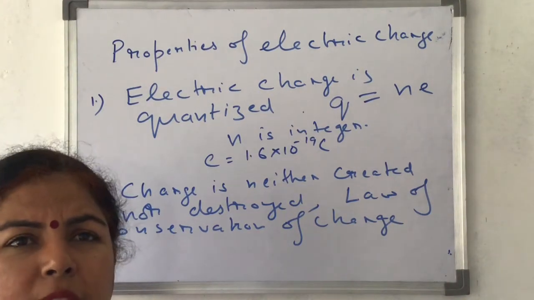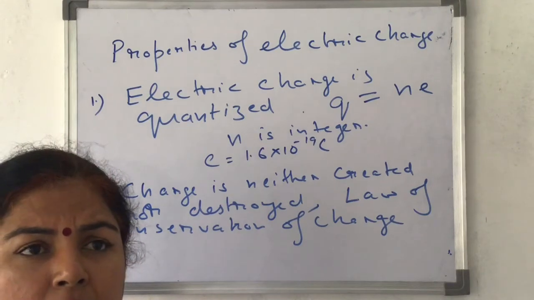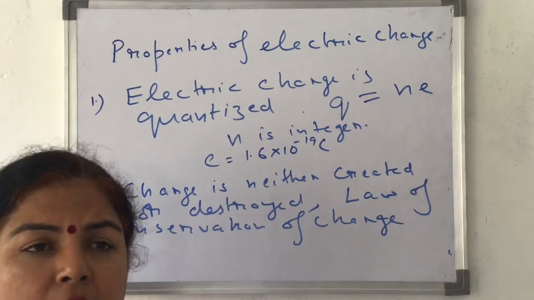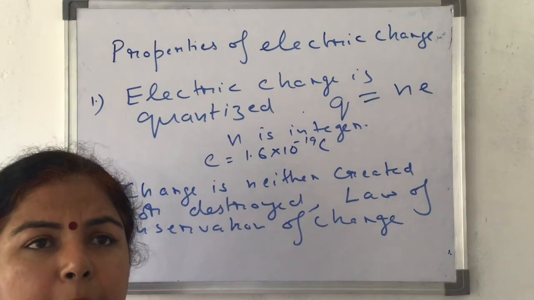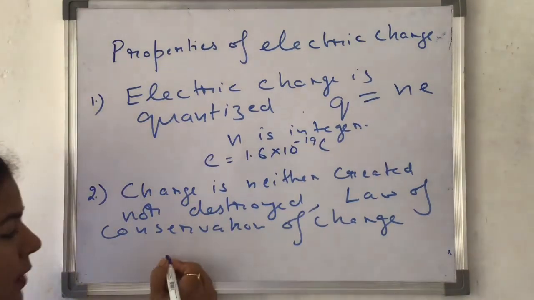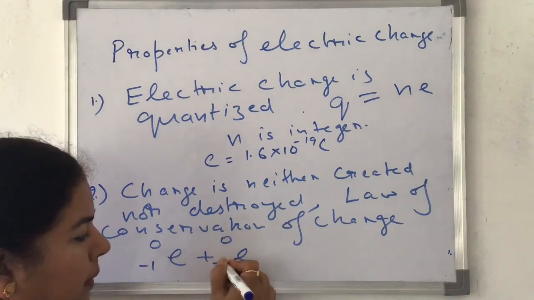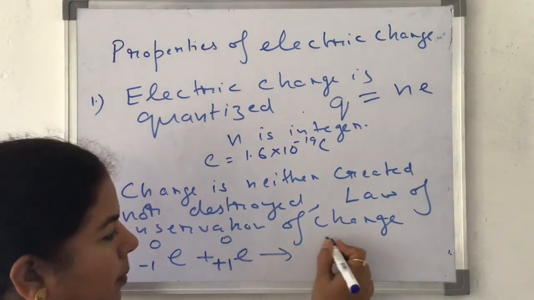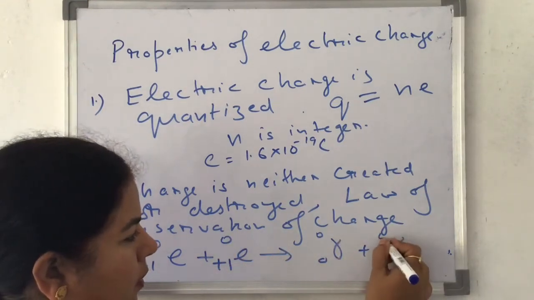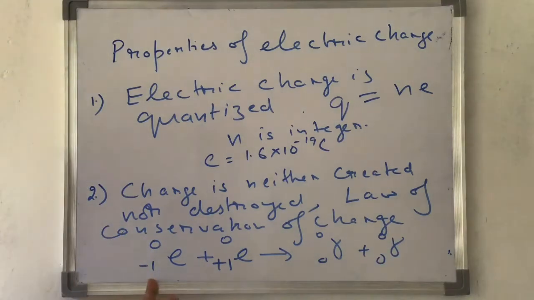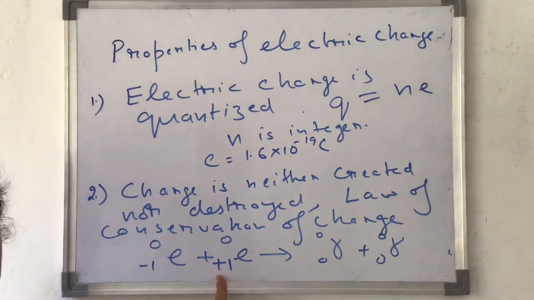But you say, what about the annihilation reaction? Or what about the pair production reaction? There also, what is happening? If I have an electron and a positron, both of them combine together and form energy.